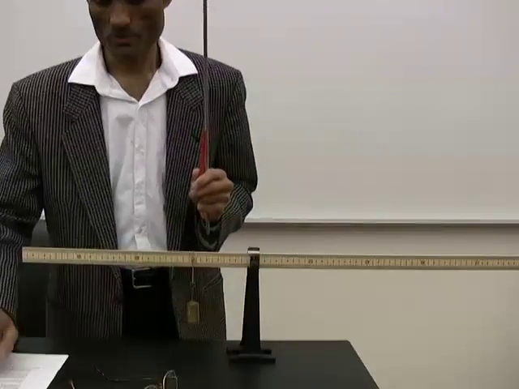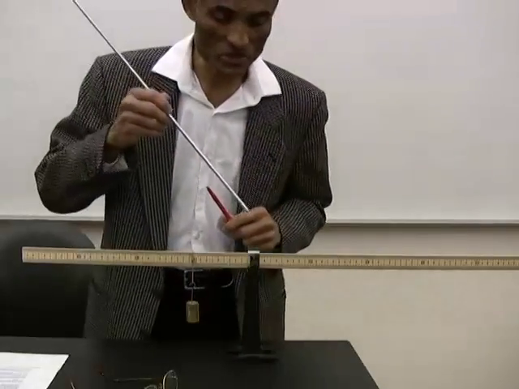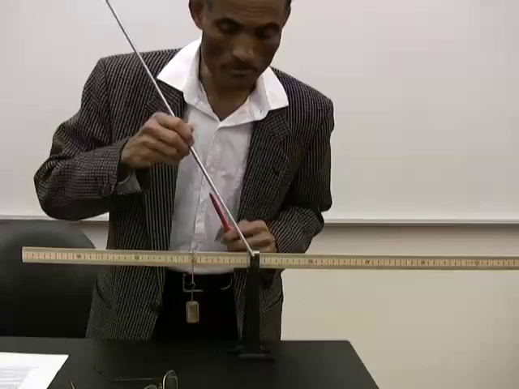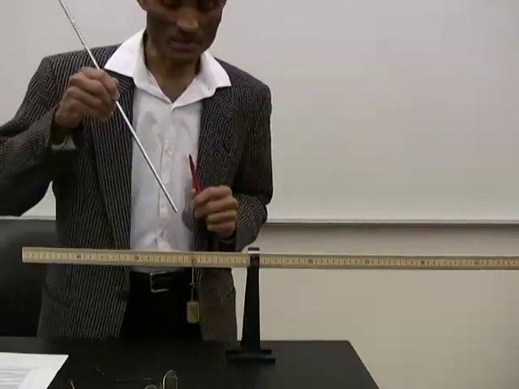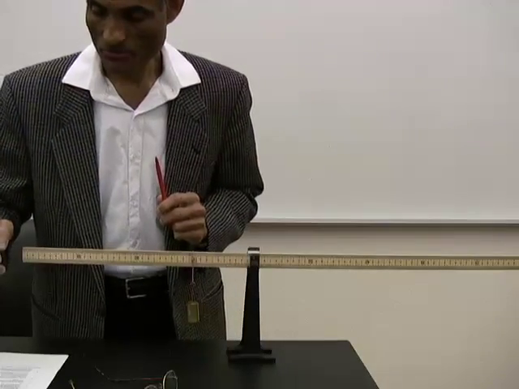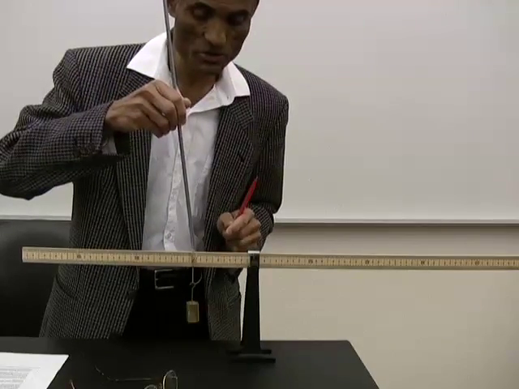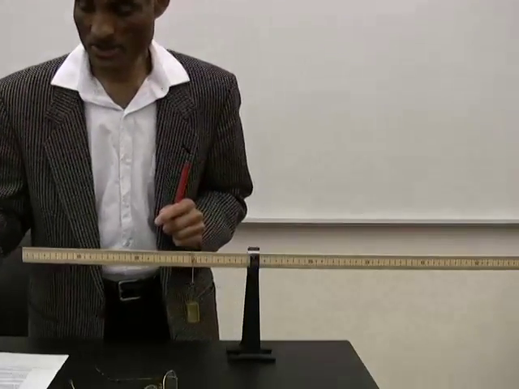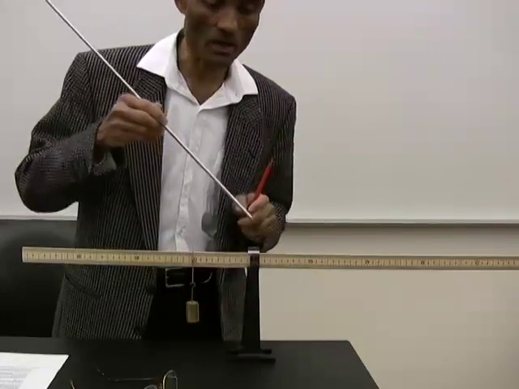In number 2, we have balanced the ruler at the 60 centimeter mark. I have balanced the ruler at the 60 centimeter mark by suspending a mass of 100 gram from the point C. So this is now the point C. Measure the distance of C from the 60 centimeter mark.